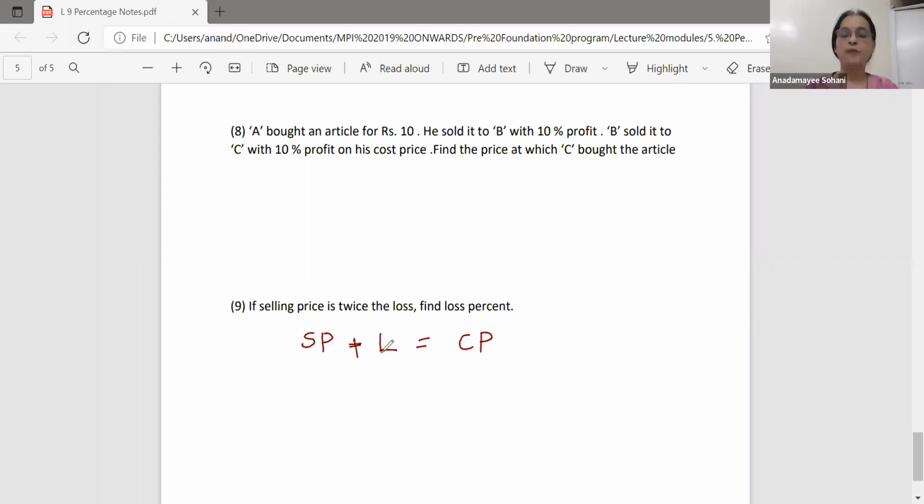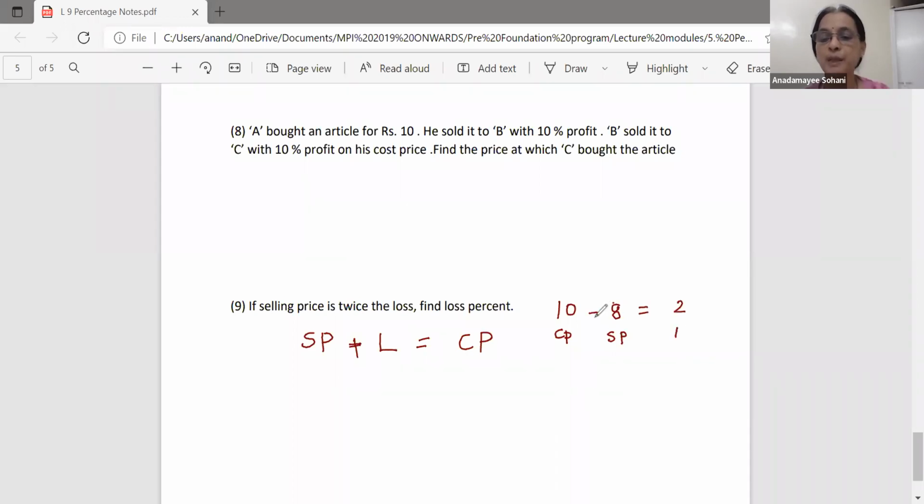When it is a loss transaction, the sale price is less than the cost price. Suppose I'm buying an article for 10 rupees and I am selling it for 8 rupees. That means I'm getting 2 rupees loss.